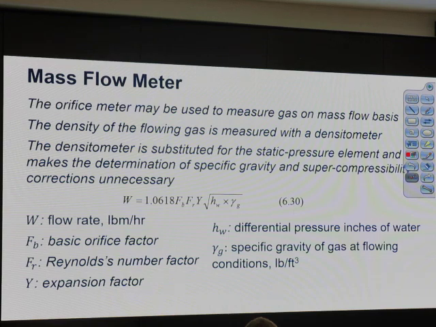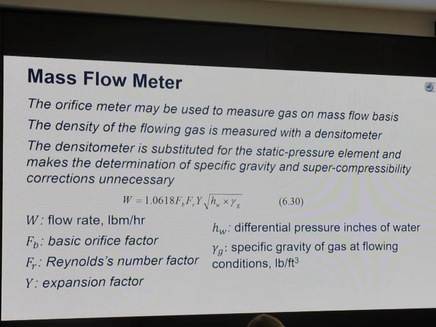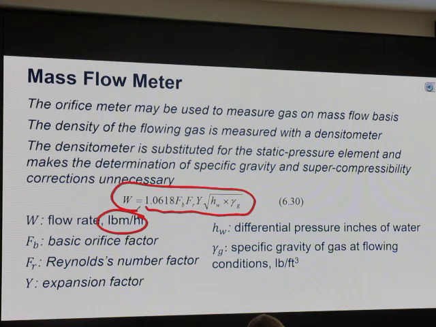Okay. Good. So out of those 5 reasons, you should know like 2 of them. Correct? This is a mass flow meter. Orifice meter may be used to measure the mass, and this is another equation to get the pound mass per hour, with different values.